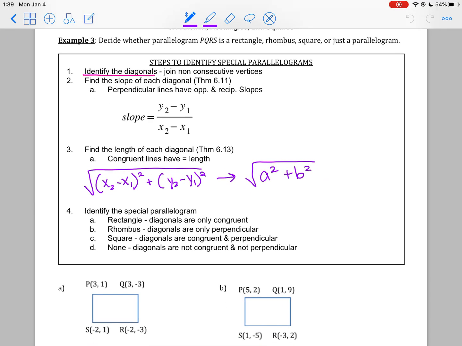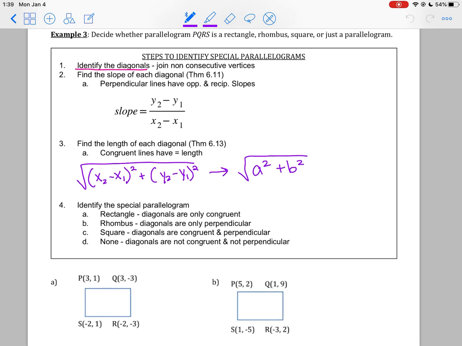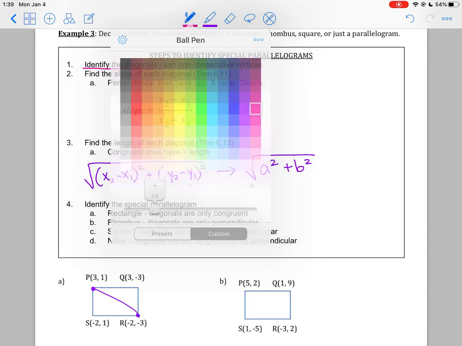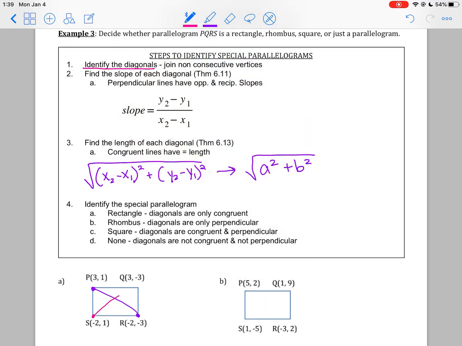So here is the first set of ordered pairs I have here. PQRS is labeled. To identify my diagonals, I just want to connect the non-consecutive vertices. So I'm going to connect P to R, and I'm going to connect S to Q. Those are my 2 diagonals. So PR and SQ are my diagonals.